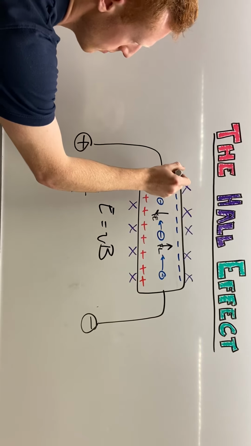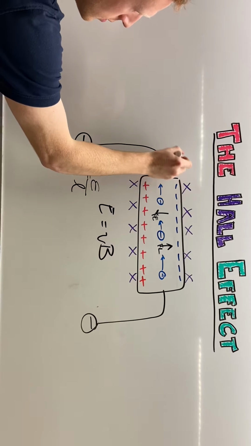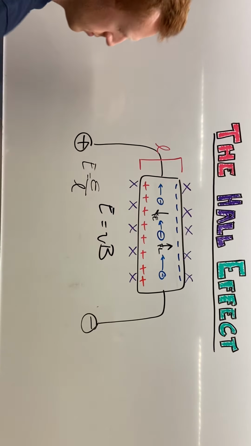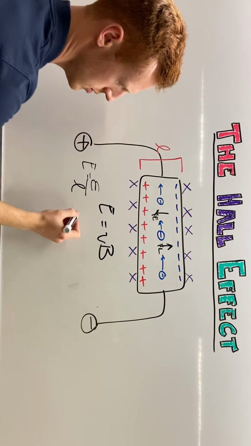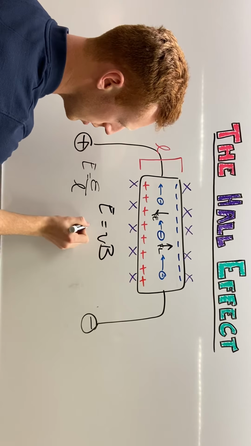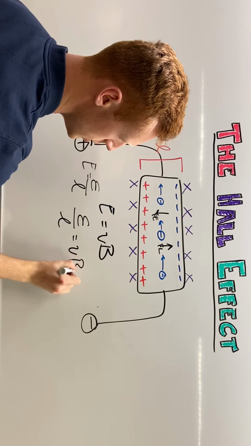And we can find that by, here, I'll use a different color. This is our width, okay? Let's do a little algebra. We can substitute the E for EMF over L equals VB.